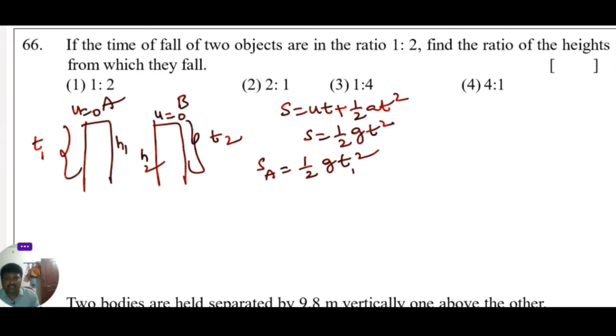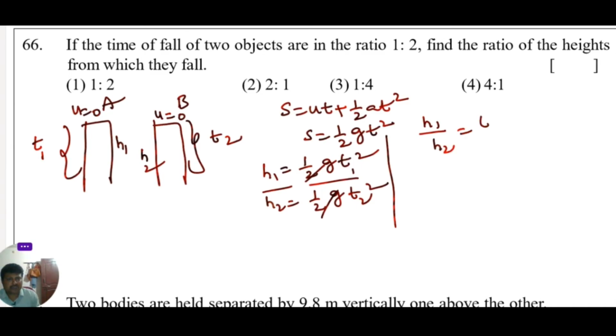In the place of S, write H, this is H1. Then H2 is equal to 1 by 2 g t2 square. So 1 by 2 g gets cancelled. Then H1 by H2 is equal to T1 square by T2 square.